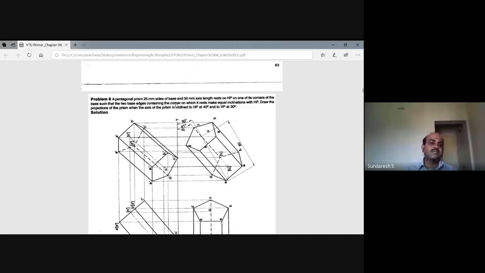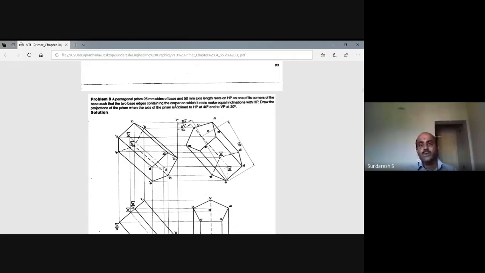So what does it say? A pentagonal prism, the base side is 25 millimeter and the axis length is 50 millimeter, and it is resting on HP on one of its corners of the base. This is very important. When they say a solid is resting on one of its corners of the base on HP, we are going to start with the top view.